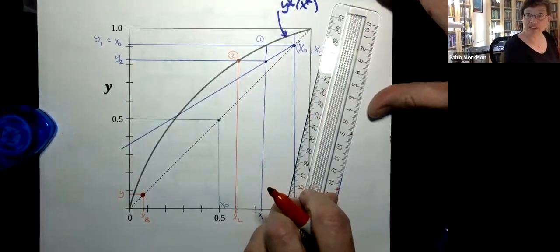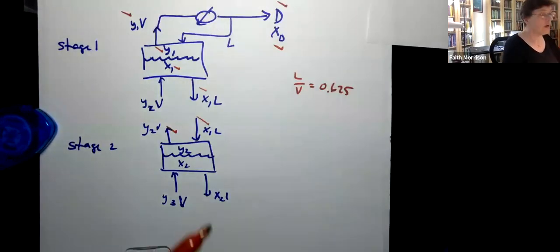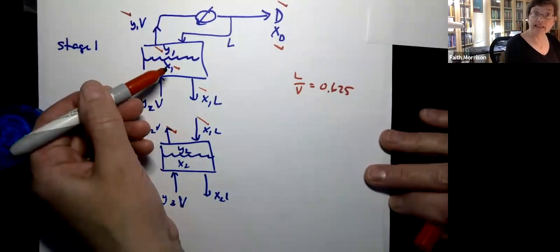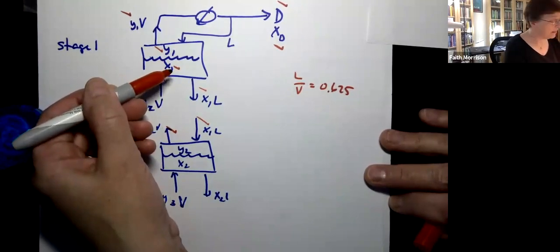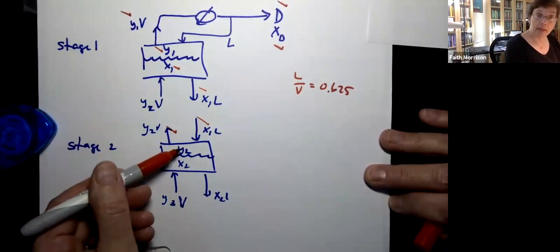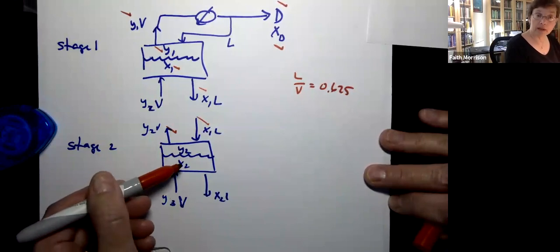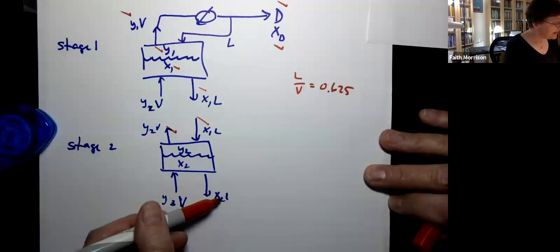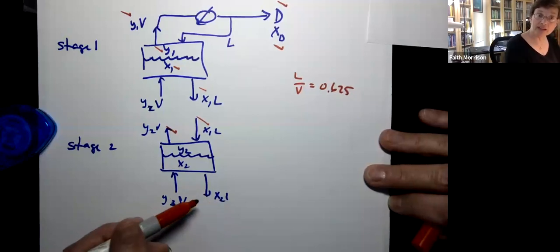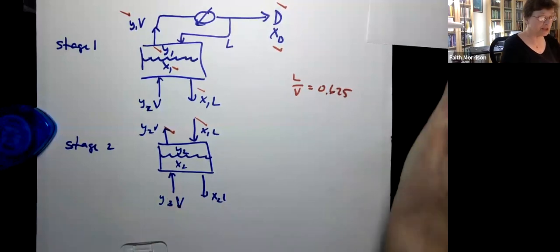And then onward. So every time we go from one stage to the other, we get a Y, we get the X from the equilibrium. Then from the X, we get the passing stream. And from the passing stream, that was in equilibrium in the stage below, from the equilibrium line, we get the X. And then from the X, from the operating line, the passing stream, we get the Y from the stage below.